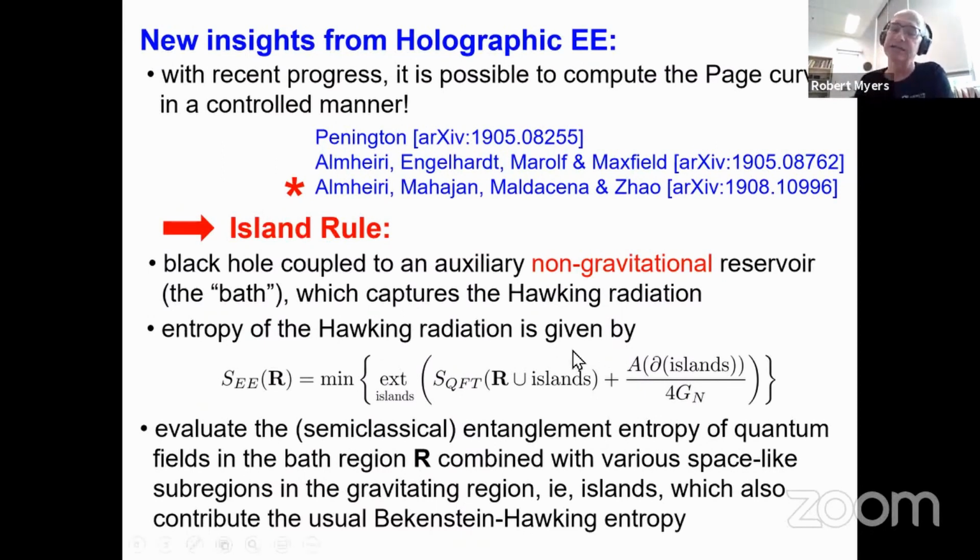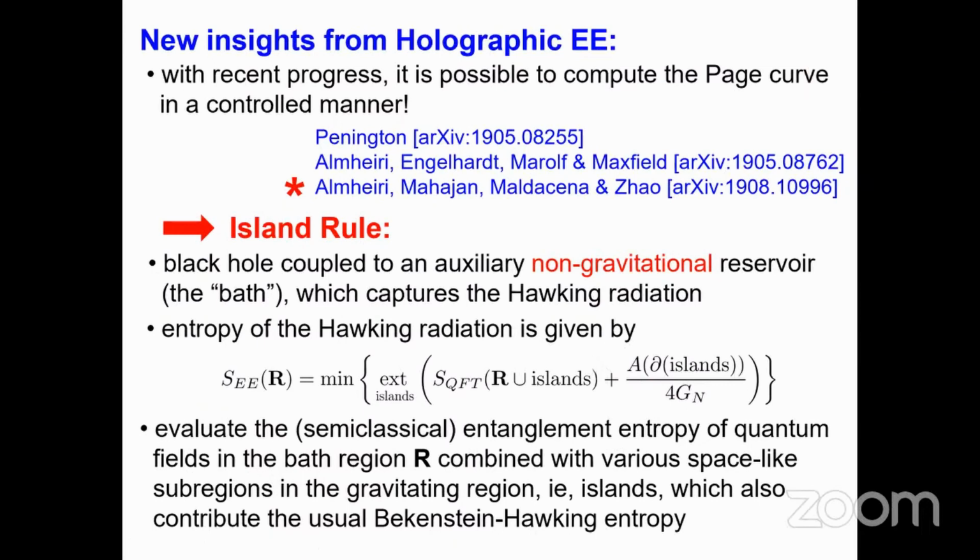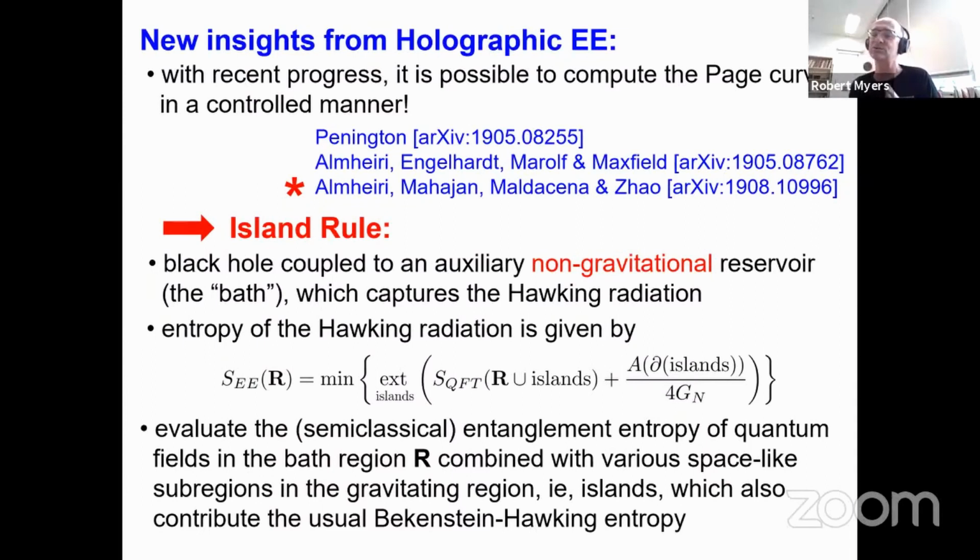And if there's an island in this formula, we should also include a Bekenstein-Hawking contribution for the boundary of that island, much like the Ryu-Takayanagi formula. What we're doing is we're extremizing that expression. We're sampling all the different possibilities for the islands. If there's more than one extremum, we choose the minimum one, and that's the minimum on the end there.